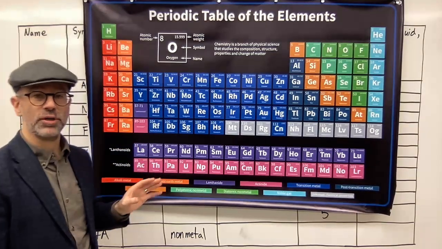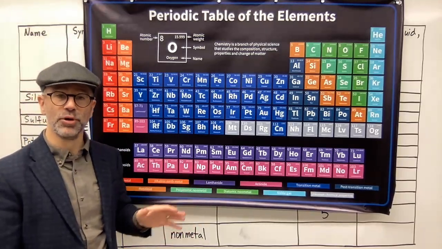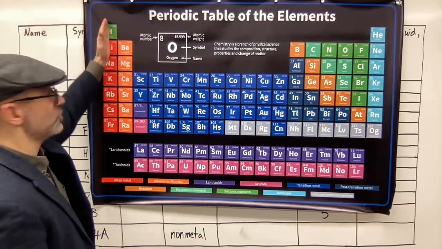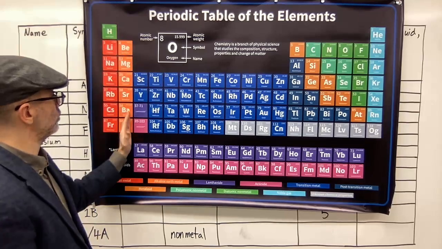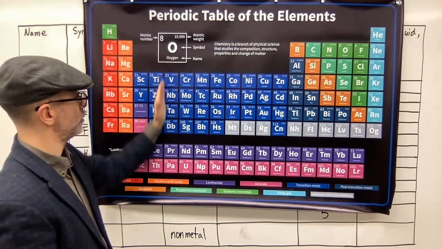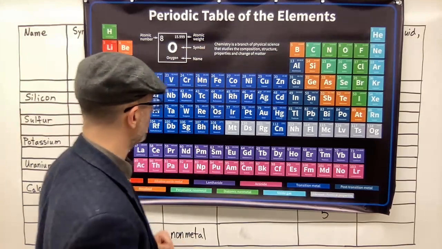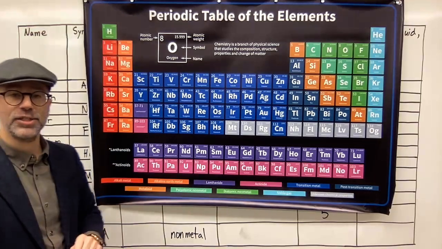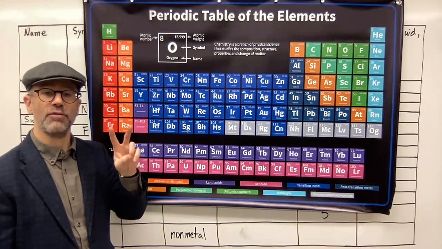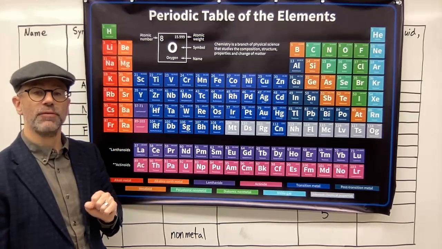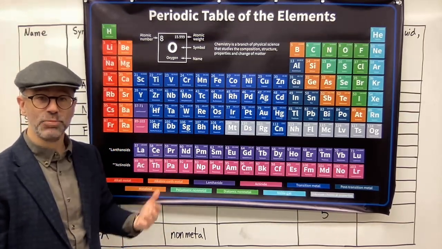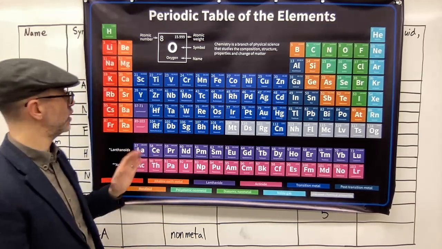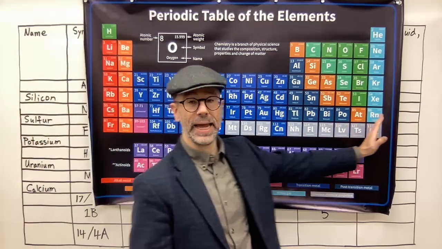Now, for the group numbers, there's two ways of numbering the groups. Just remember, the groups are up and down. These are the columns. So these are the groups. Again, these do not have a group, but these do. The first way is according to the IUPAC, which is the modern way of numbering the periodic table groups, just 1 through 18.